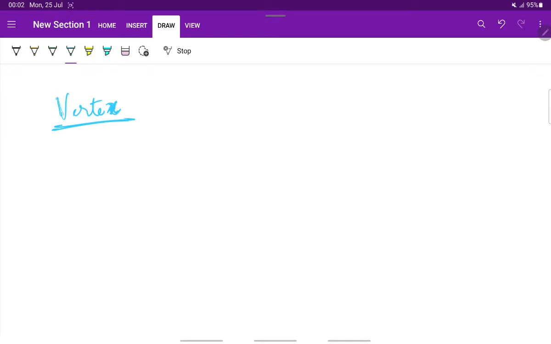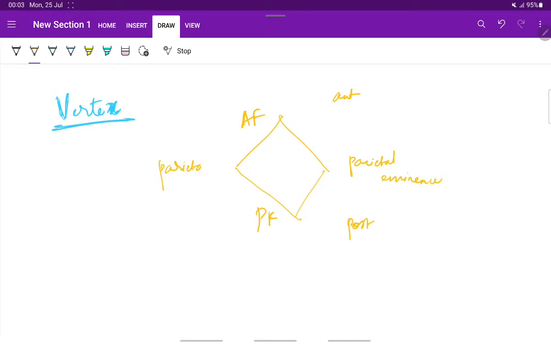The vertex is a diamond shaped or rhomboid shaped area in the fetal skull which is bounded anteriorly by the anterior fontanelle, posteriorly by the posterior fontanelle and laterally by the parietal eminence on either side. This is the vertex.